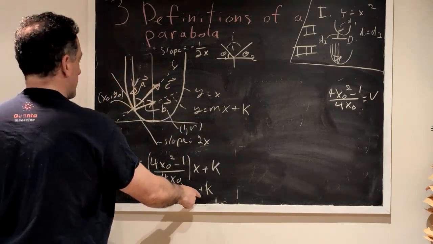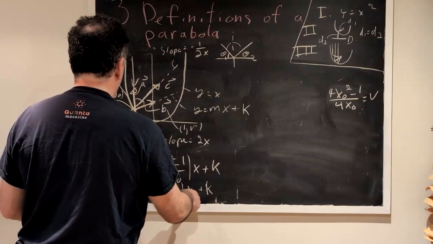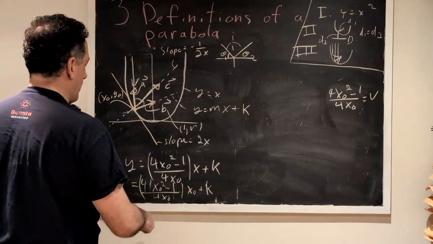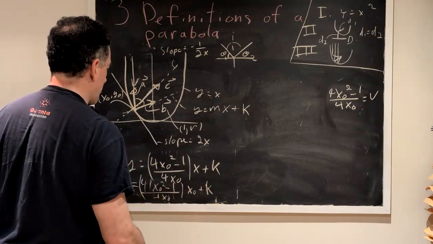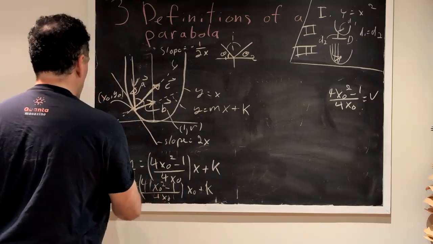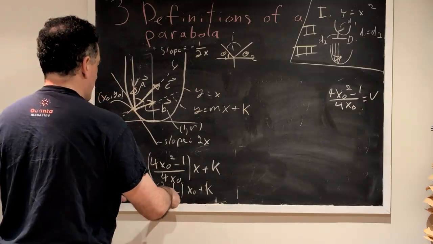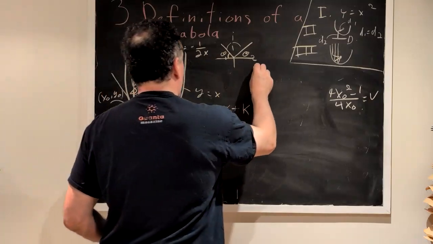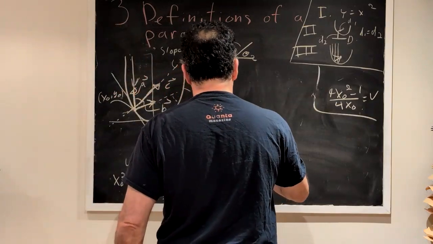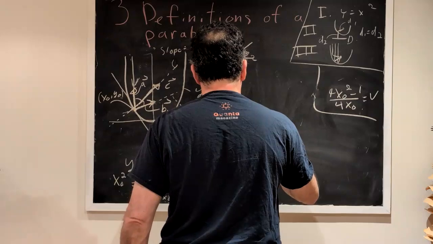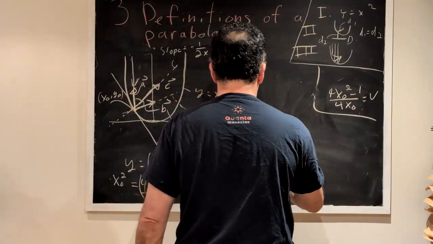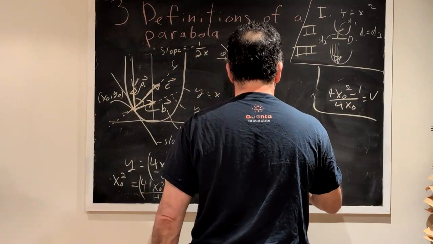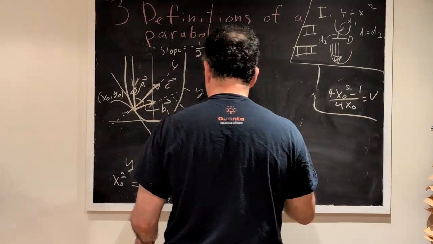Now this x0 can be divided on both sides, or even better, we can just multiply these two and get rid of it. We can get the 4 up and distribute it to the k, and we will get 4x0 squared equals 4x0 squared. We like it because that means things will cancel out.